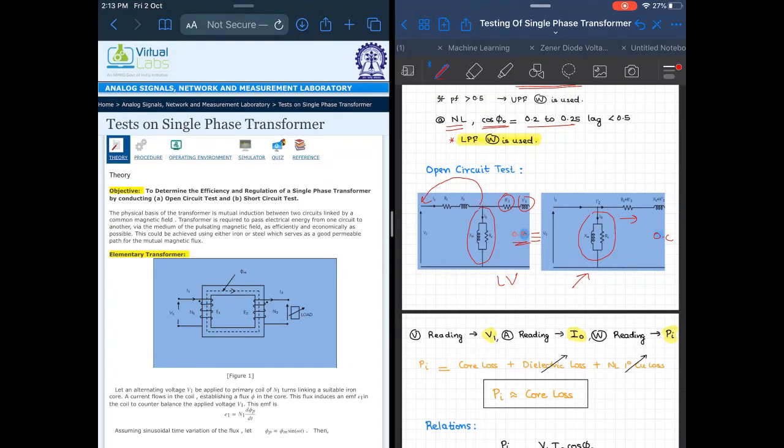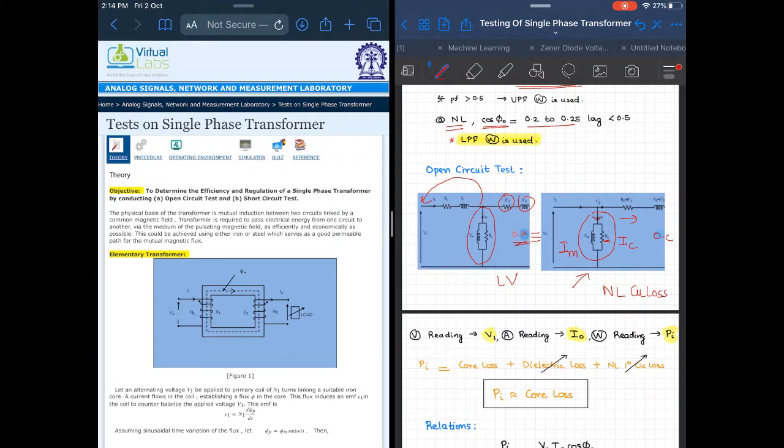Therefore, we have neglected the no load copper loss. This current flowing is I naught. Current through R naught is IC and current through Xm is IM.